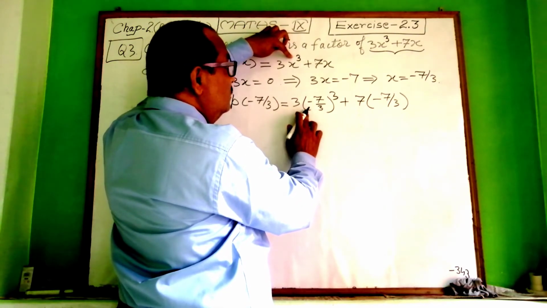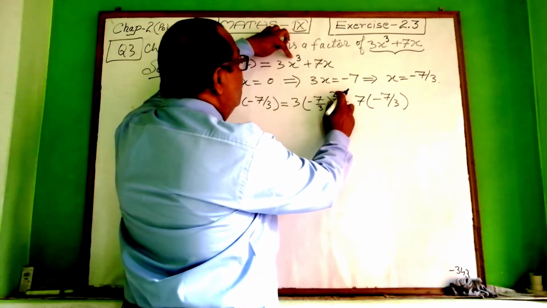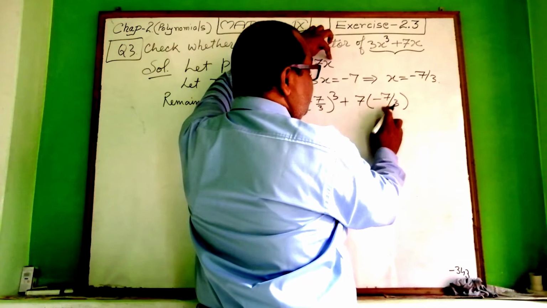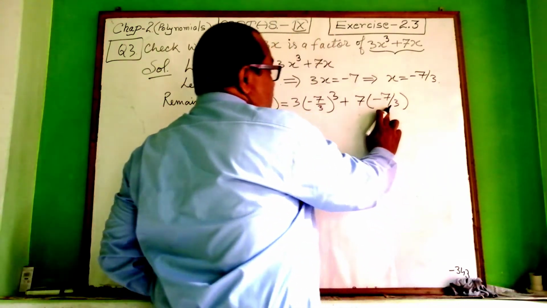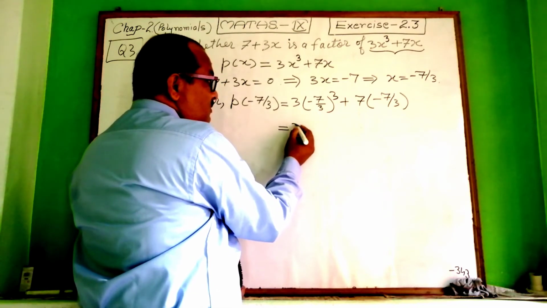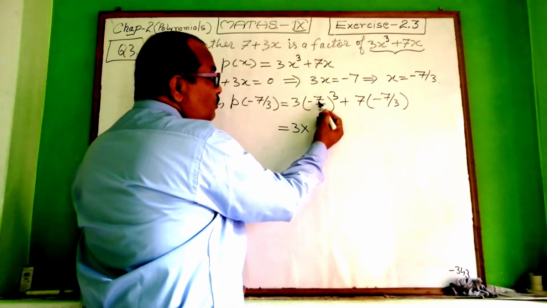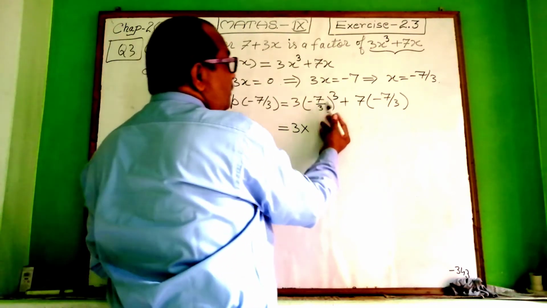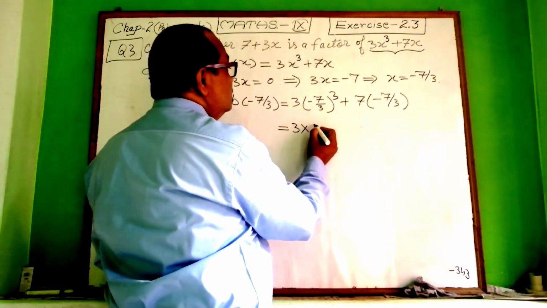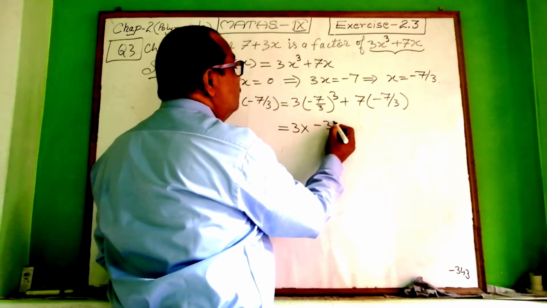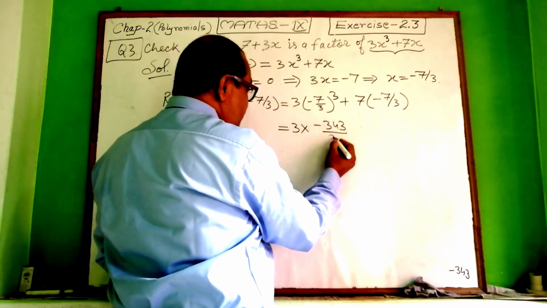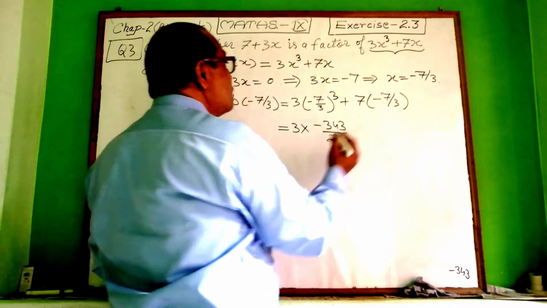In place of x, we will substitute minus 7 upon 3. So 3 into minus 7 upon 3 whole cube plus 7, and in place of x, minus 7 upon 3. We will simplify it now. So 3 into cube of 7, cube of 7 I have calculated before, so it is minus 343 upon cube of 3, which is 27.